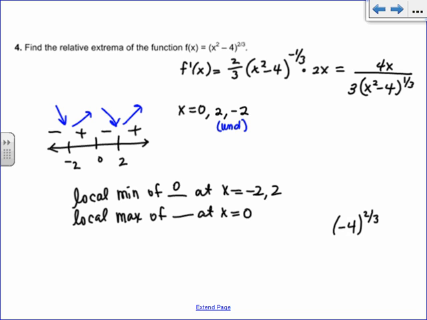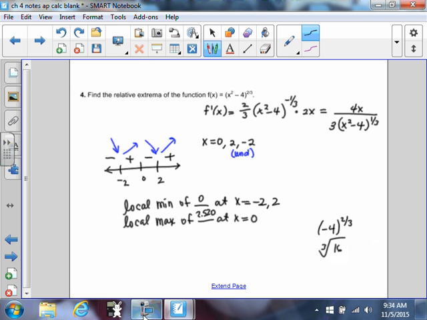I'll use the decimal. We get 2.520. Or you could say, you're squaring it to get 16 and then the cube root. Same idea. All right, does that make sense? All right, so finish up those last couple in your homework then.